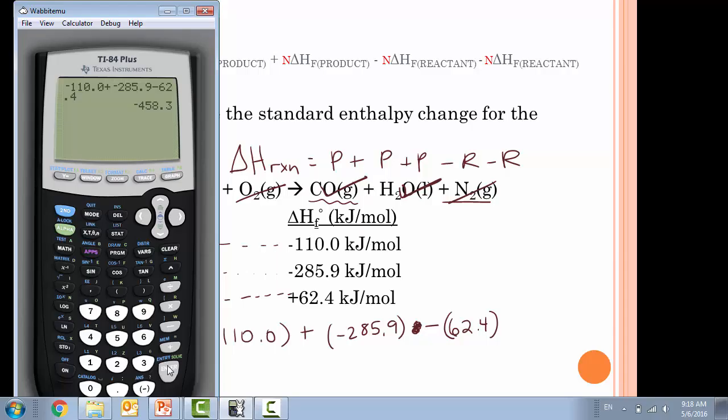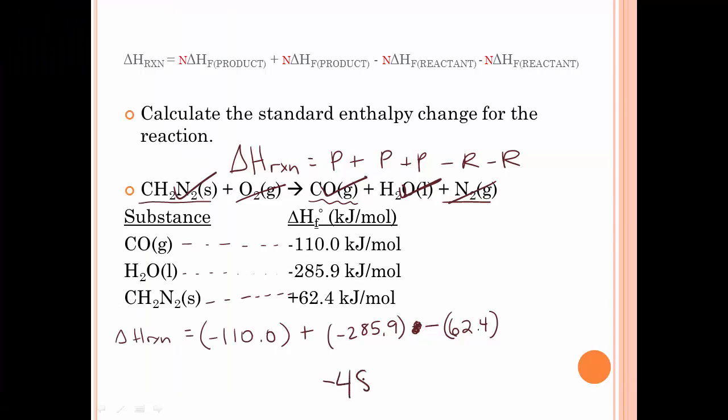We get negative 485.3. For sig figs on this, all of our values that were given went to the 10th place, so our answer can go to the 10th place. So negative 485.3 is our answer. And that is kilojoules for the moles of that particular reaction. So that's pretty much it.